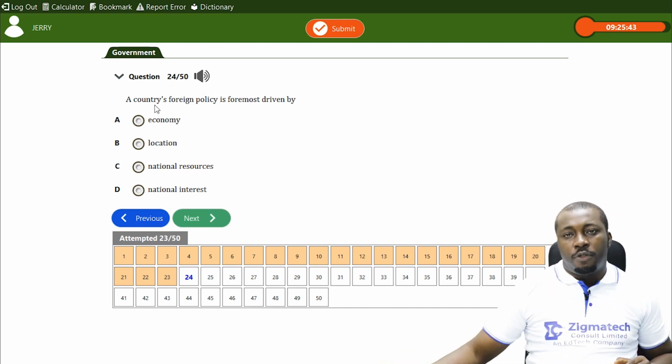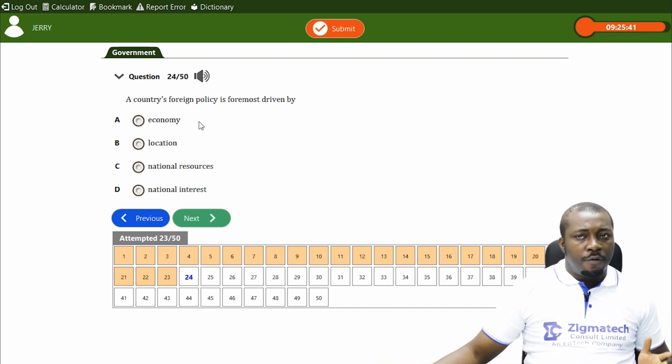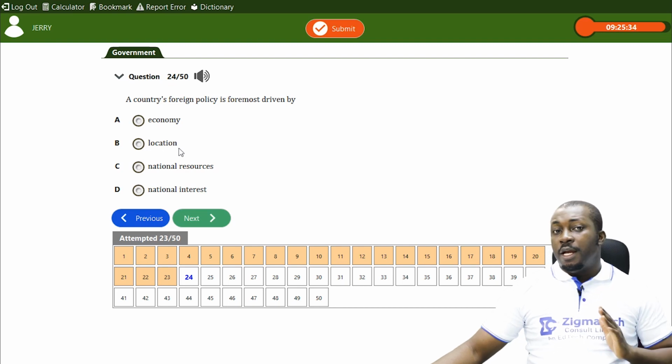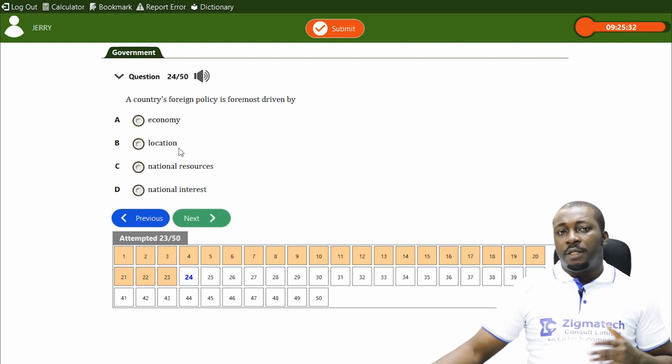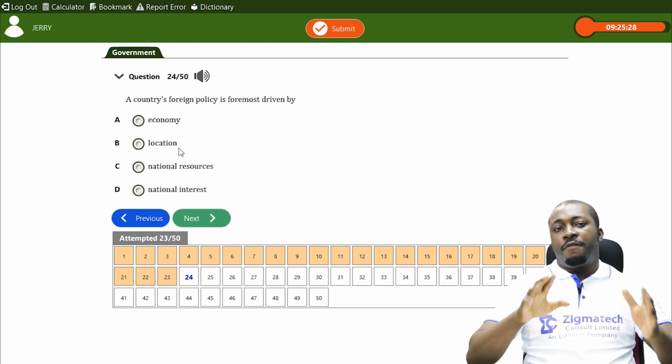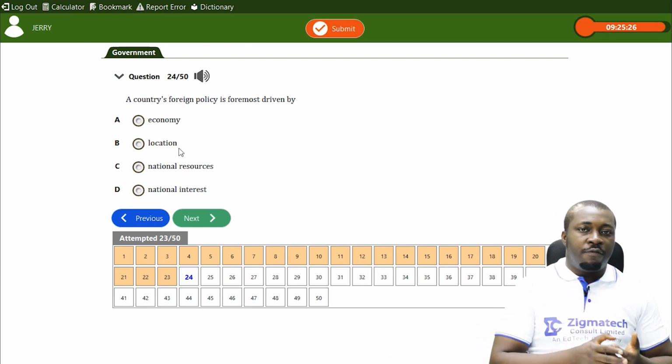Now, all these options, A, economy, of course, it influences a country's foreign policy. B, location of the country, it influences foreign policy. That is why in Nigeria we talk about Africa as the centerpiece of Nigerian foreign policy.